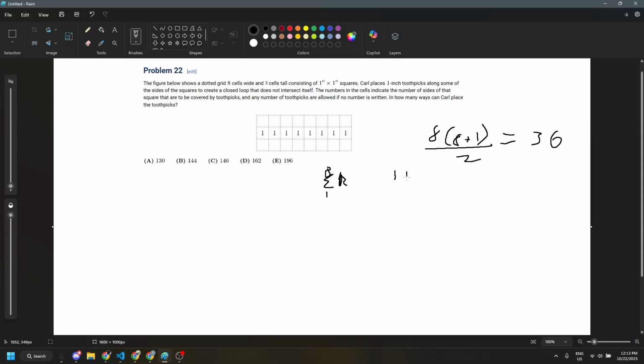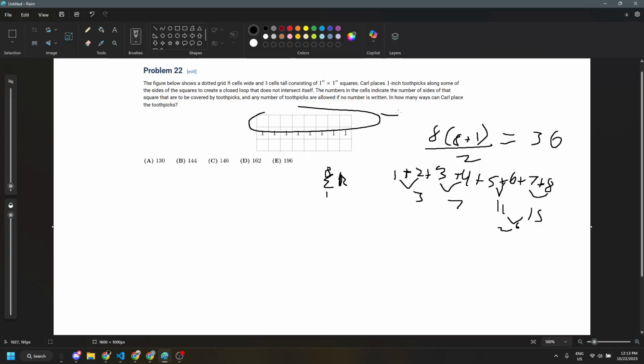Let's check. 1 plus 2 plus 3 plus 4 plus 5 plus 6 plus 7 plus 8. 3, 7, 11, 15, 26, and then 10. So yeah, 36. Okay, so that's for the top, which only includes this part, is 36. And then that's the same thing, so it's equal to 72.